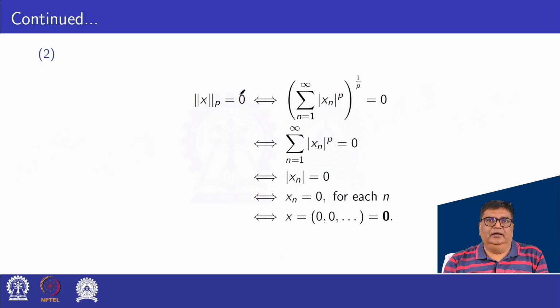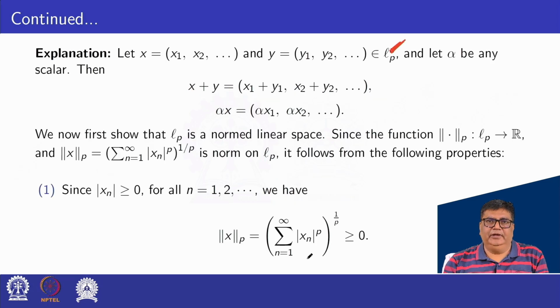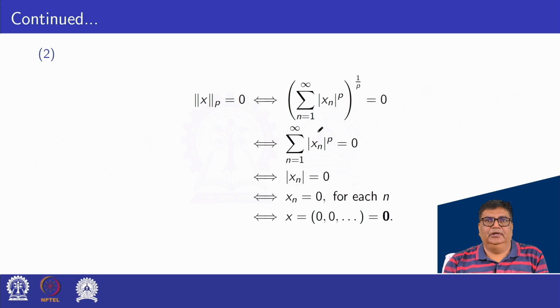Second, norm x p is equal to 0 if and only if, with the norm defined as summation n equal to 1 to infinity mod xn power p whole power 1 by p, this is equal to 0. Taking the pth power of this equation, summation n equal to 1 to infinity mod xn power p is equal to 0.